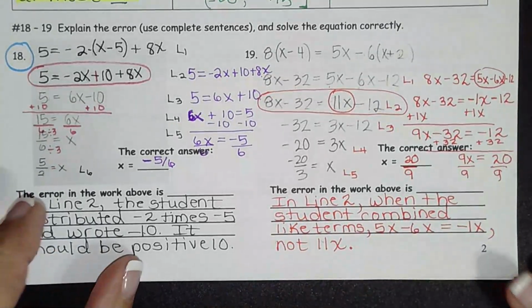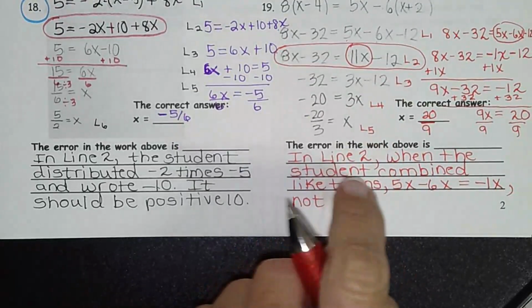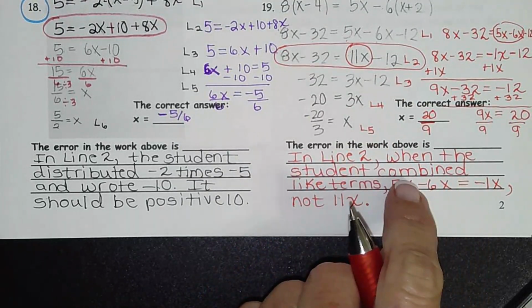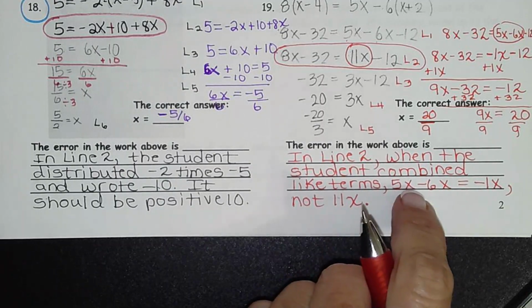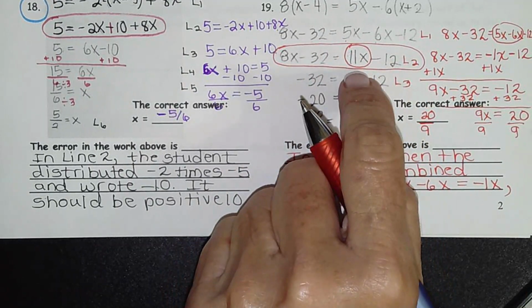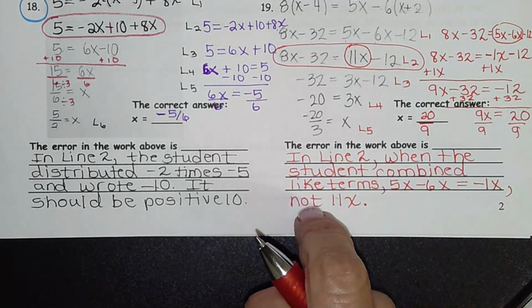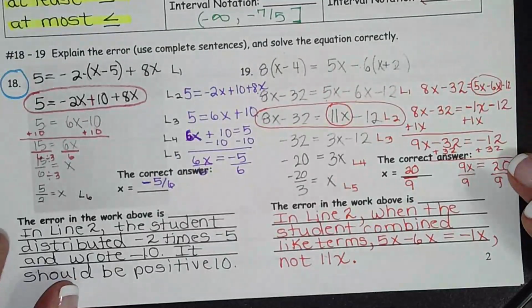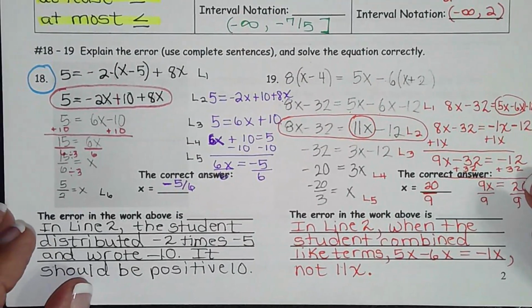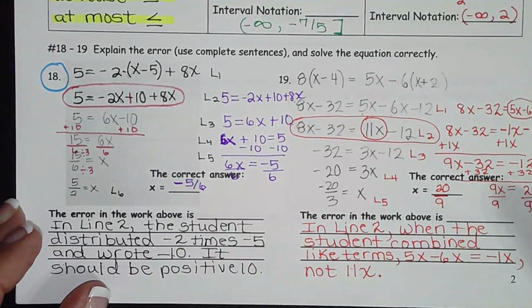So there, I tried to get it all in one sentence. So that's a pretty good description, I think. We got it all in one sentence.